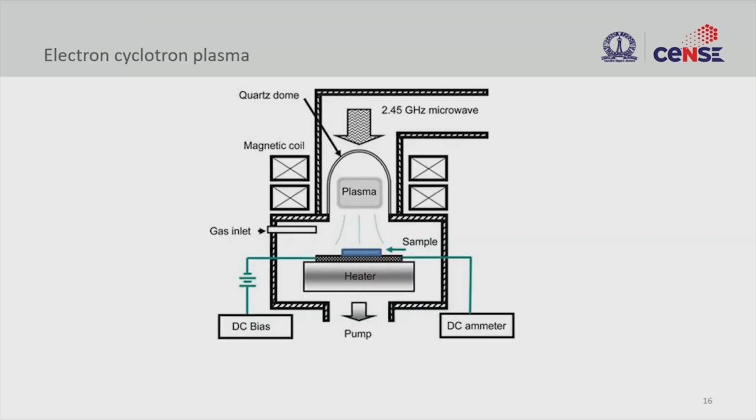And the other configuration is electron cyclotron plasma. So here we use microwave and magnetic coils. So it's again a dome type system, which has magnets to create that magnetic field, but then you need to have a current to energize it.